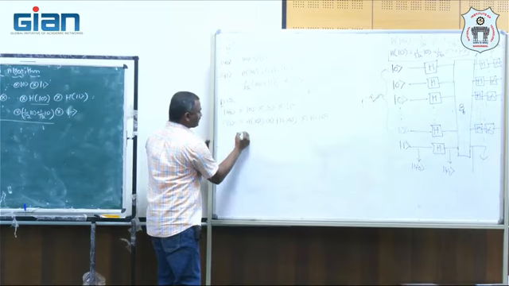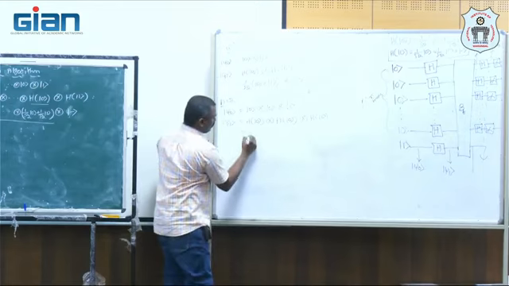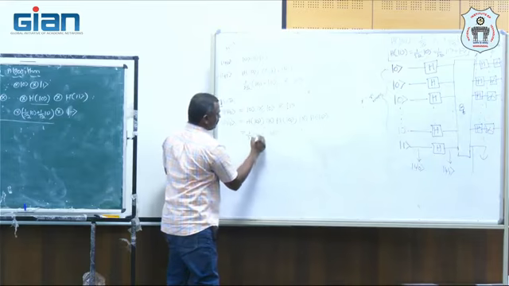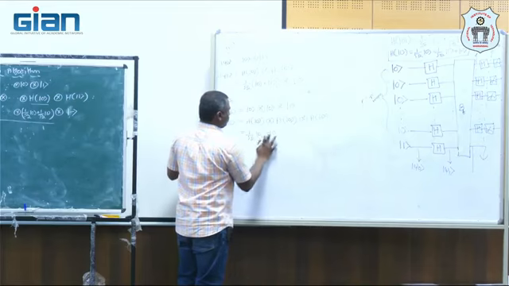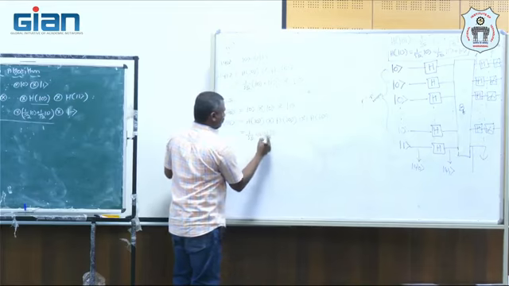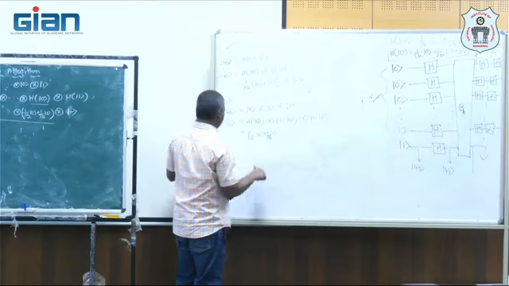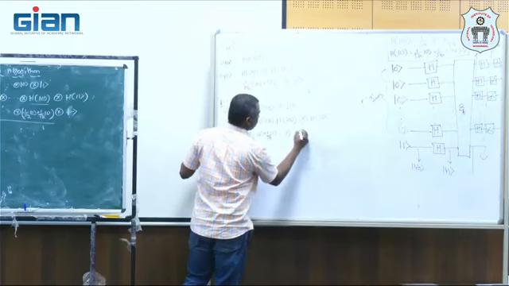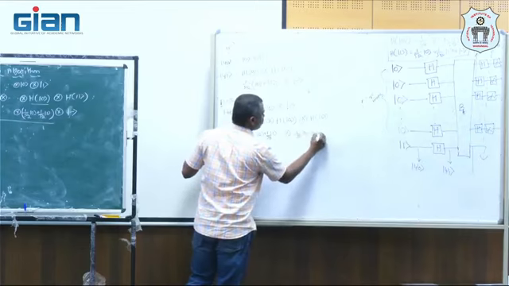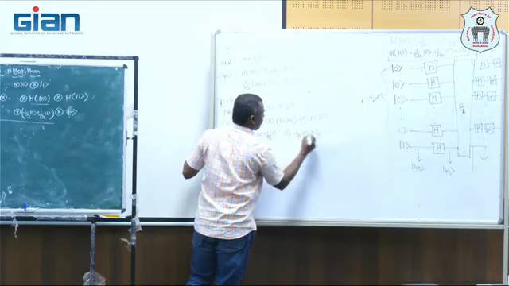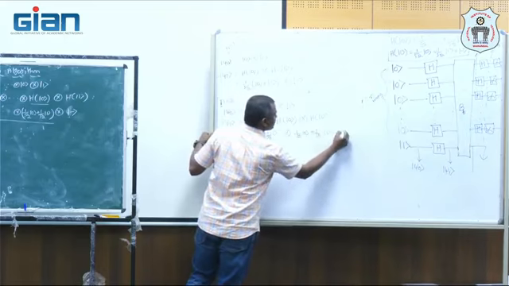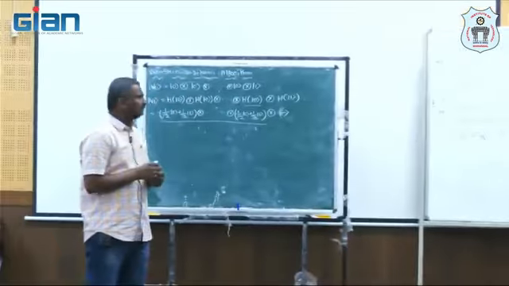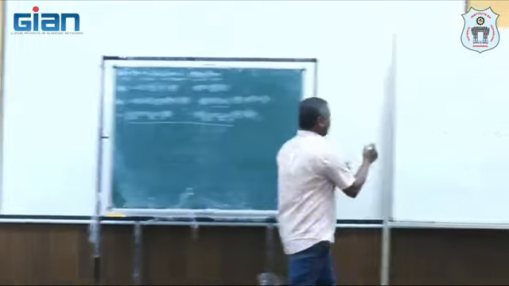What is h of ket 0? We know that it is 1 by root 2 ket 0 plus ket 1, and this is directly ket minus. Now, can you simplify and tell me what this is?